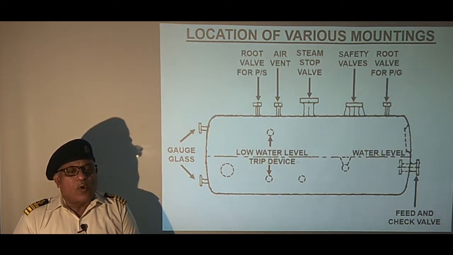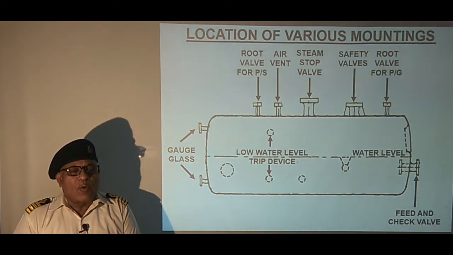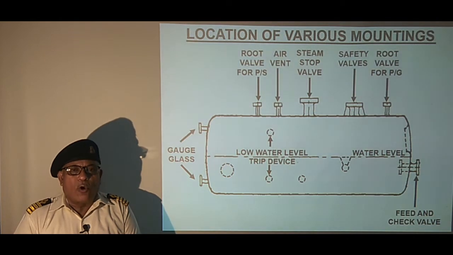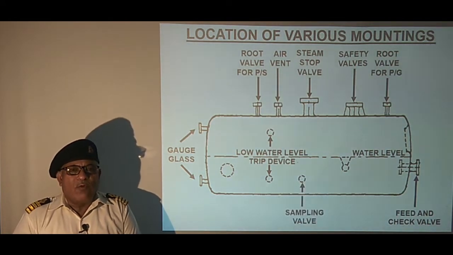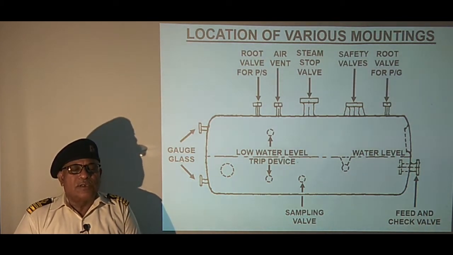We have the root valve for pressure switch. It can provide us alarm, low pressure, high pressure trip and used for automation of the boiler. This is the sampling valve from where we can collect the water sample through a cooler for testing the boiler water.